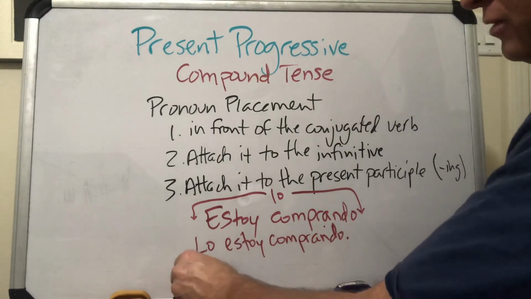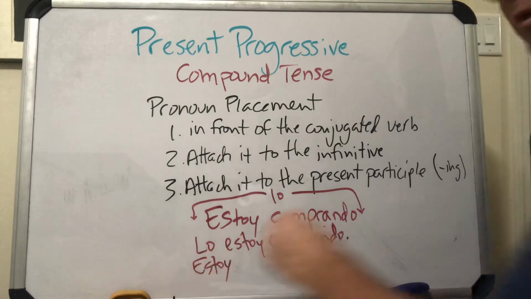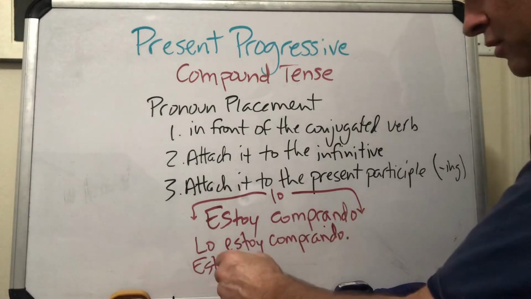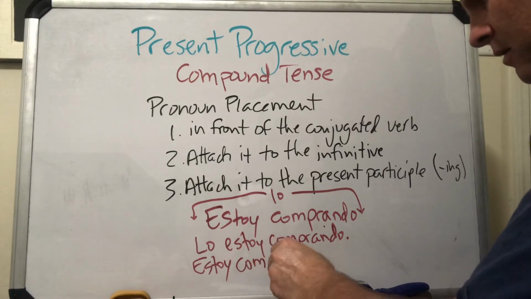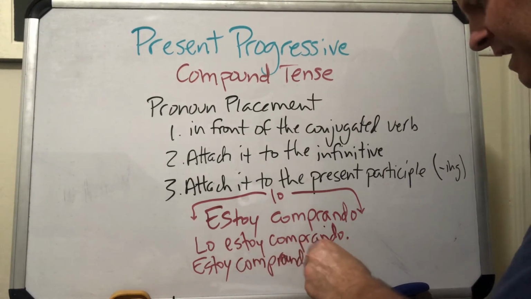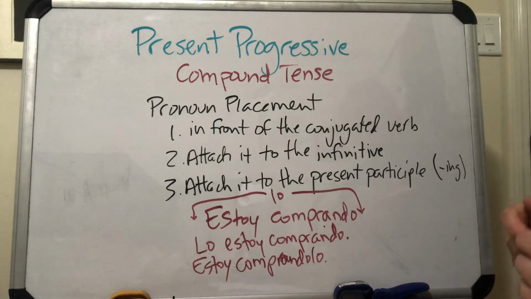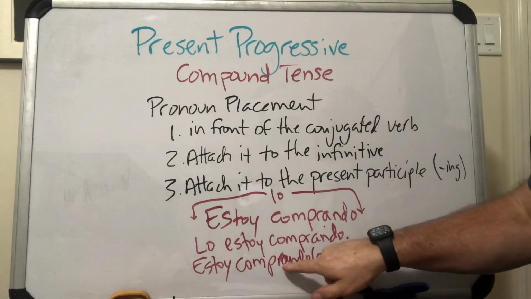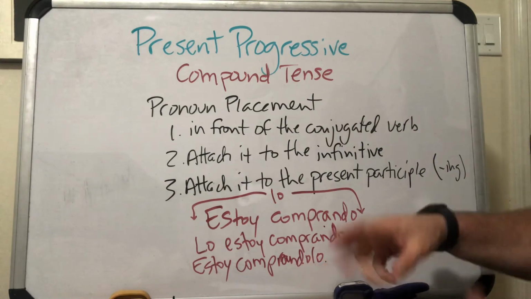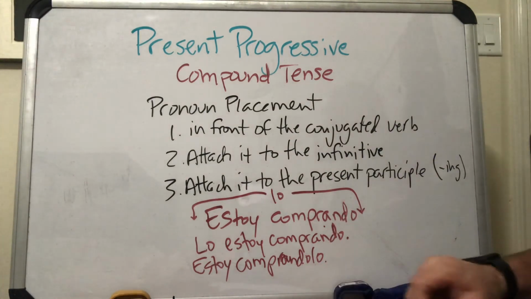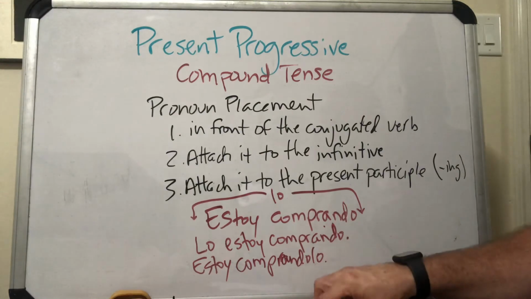or estoy, can you see that? Yeah, okay. Comprando, comprandolo. Now, our voice goes up on comprando, goes up on this A right here, and when you add another syllable, it doesn't follow the rule, but we still want our voice to go up there.